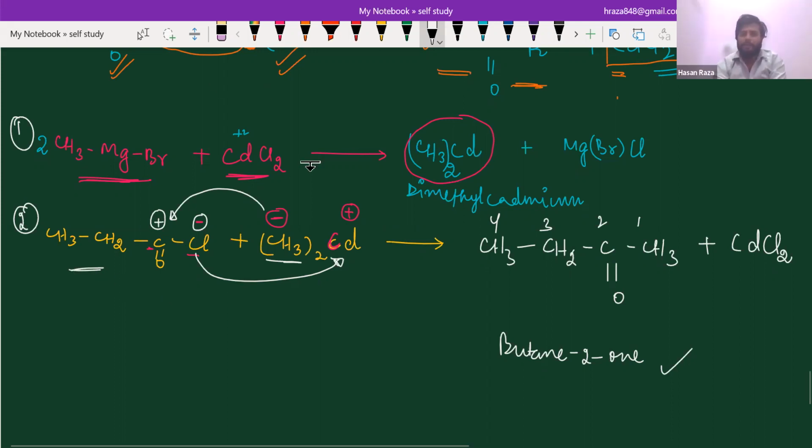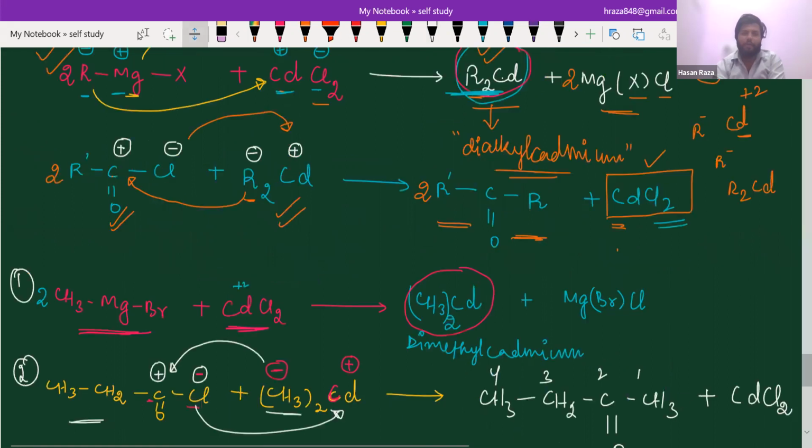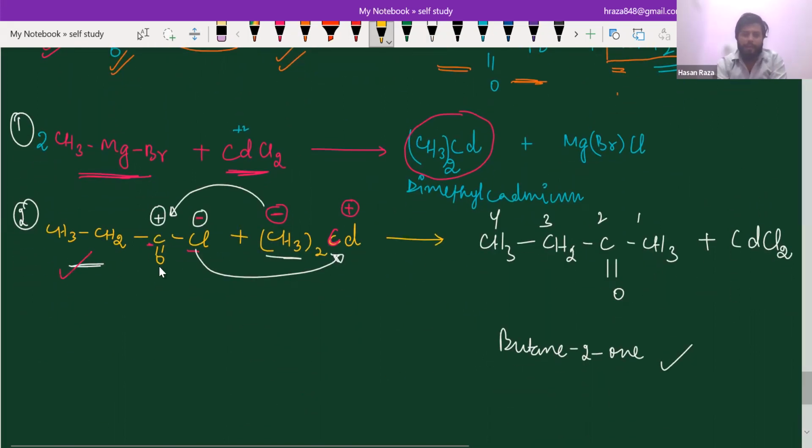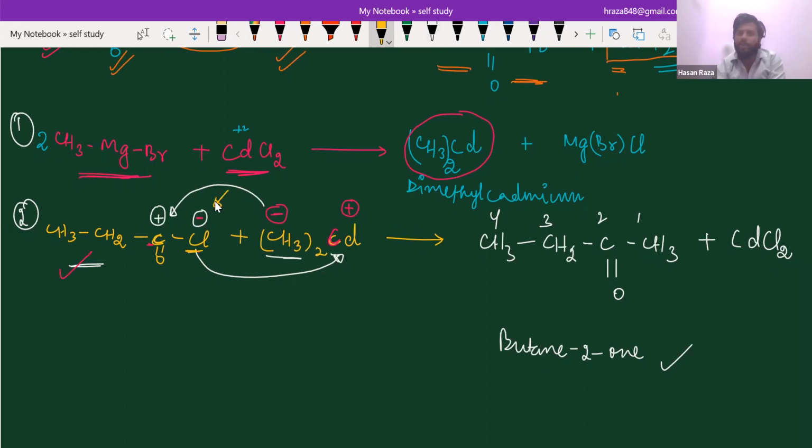Yes, sir. See, Ahmad, the second step of the question is the same as this. As you can see, C double bond O Cl. Between carbon and chlorine, I can put negative charge on chlorine because it is more electronegative than carbon.